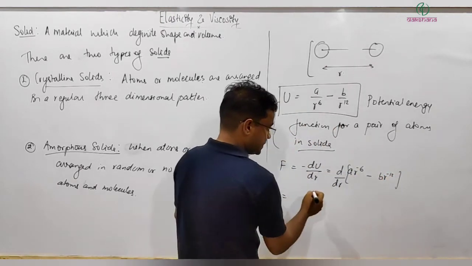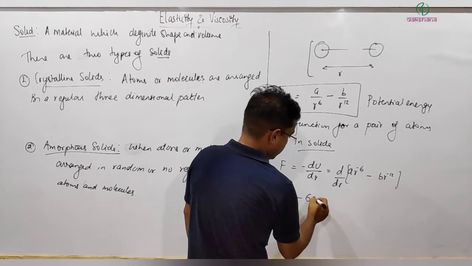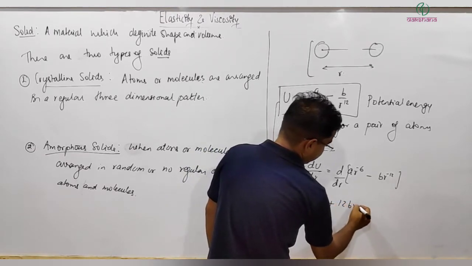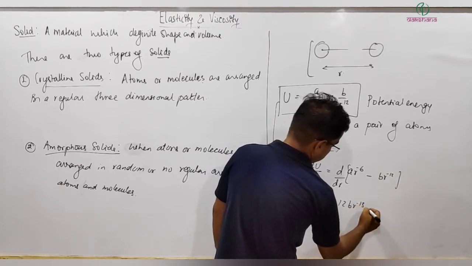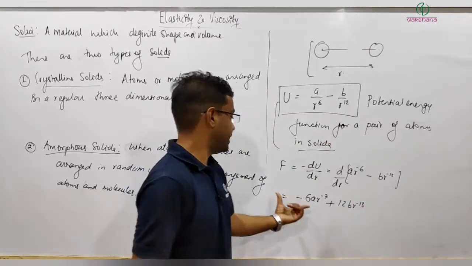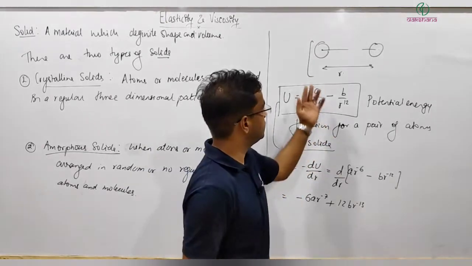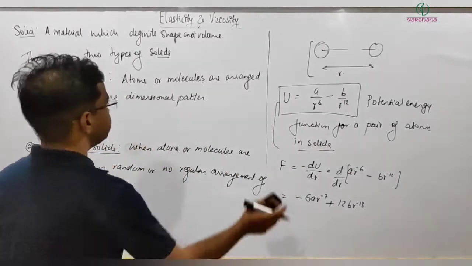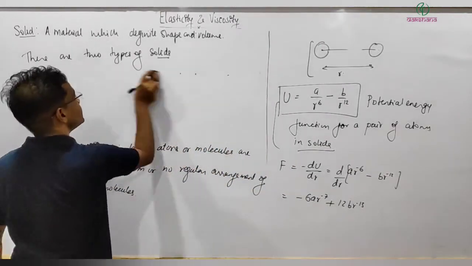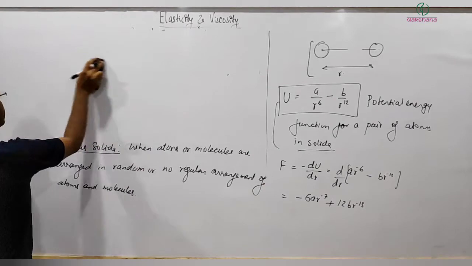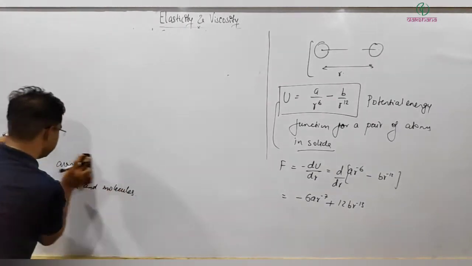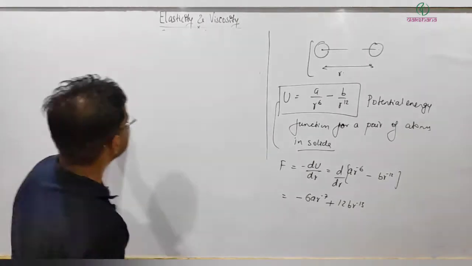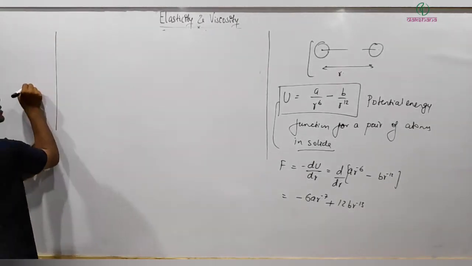And if I differentiate it, then I will get minus 6 A r^-7 plus 12 B r^-13. That is how the force between two molecules depends. And if we plot its potential energy function versus separation graph, we will get more detail about what exactly is happening here. That graph U versus R looks like this.